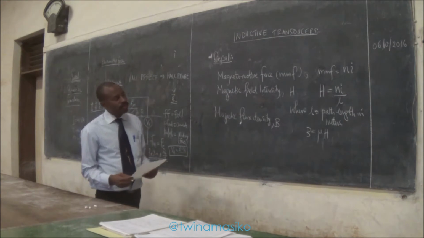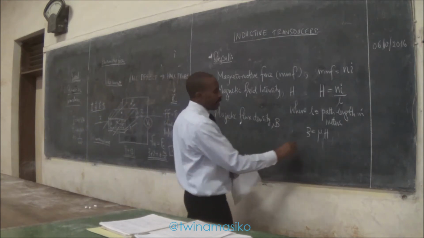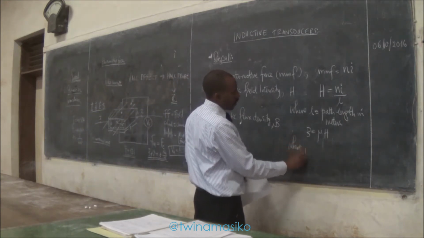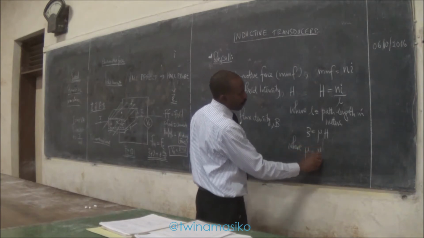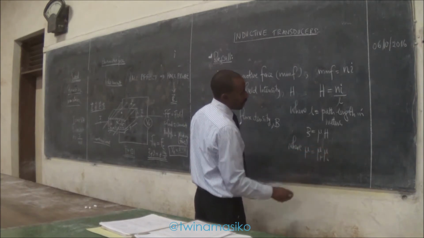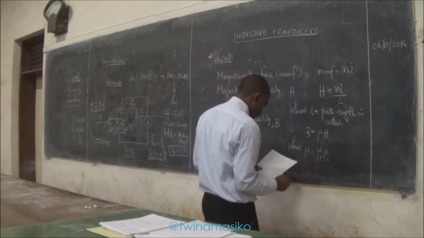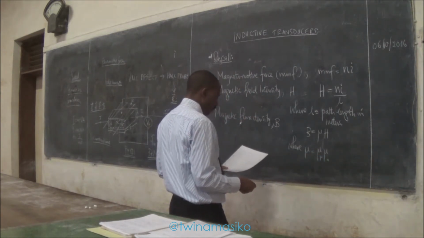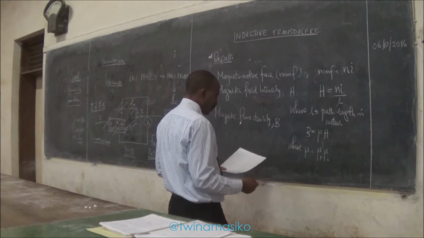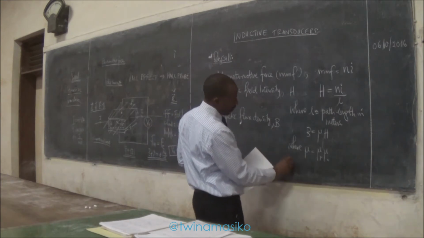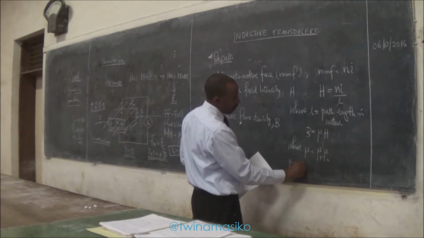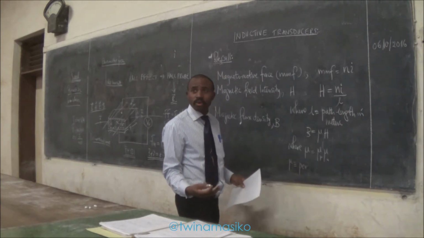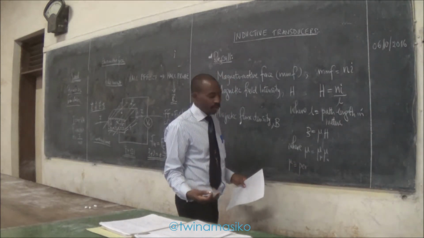And mu is the permeability, and this mu is the same as mu R times mu naught. It is the permeability of the material. How permeable is the material to the magnetic fields?